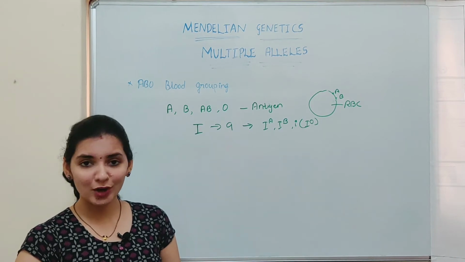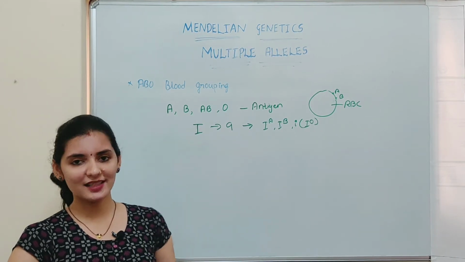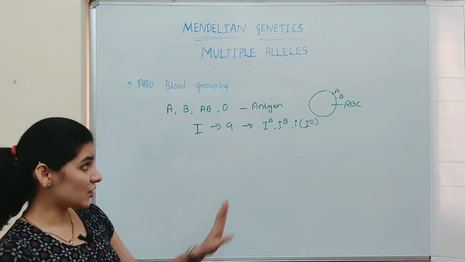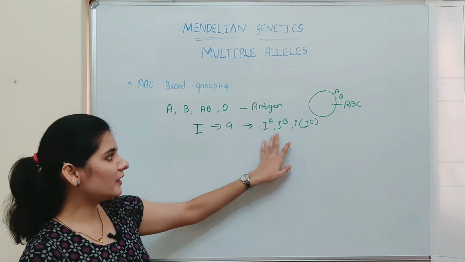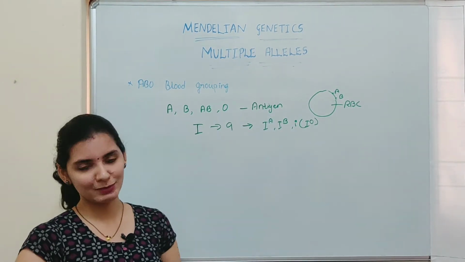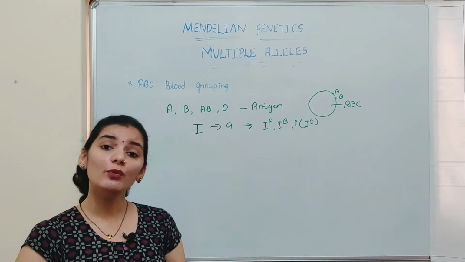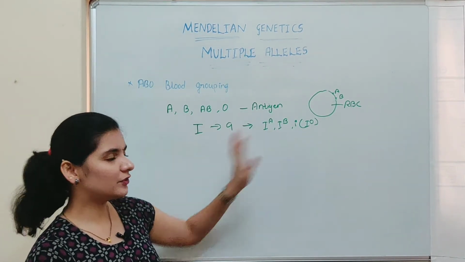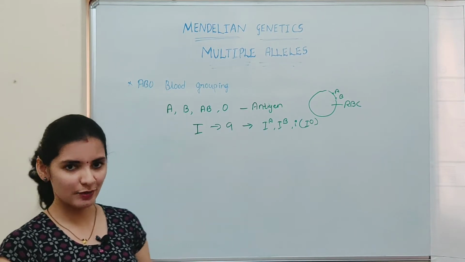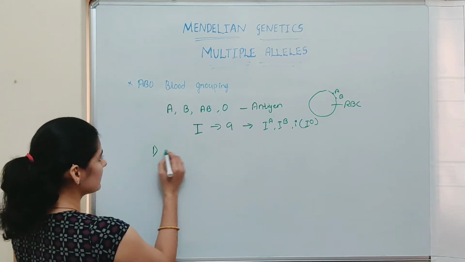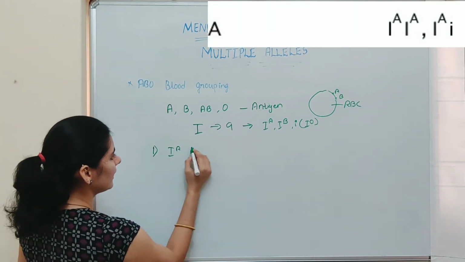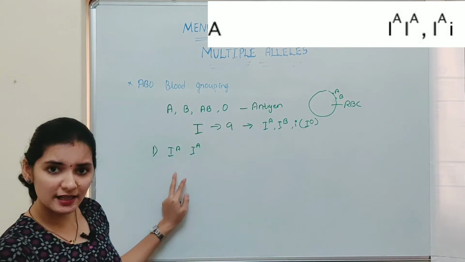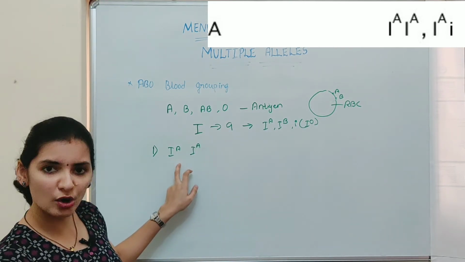Since humans are diploid organisms, only two alleles can be present in an individual. So out of three alleles, a combination of any two alleles can be present in an individual. We'll write all the possible combinations of two alleles out of three that can be present in an individual. So first one is IAIA. So in this condition it is homozygous dominant.